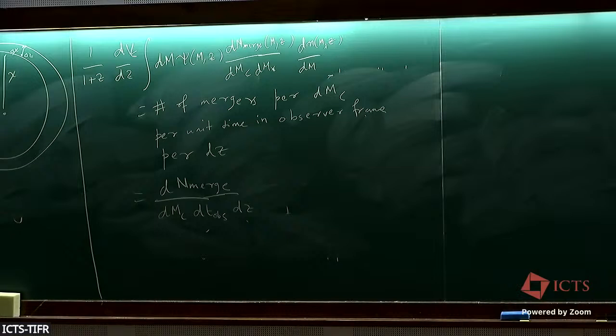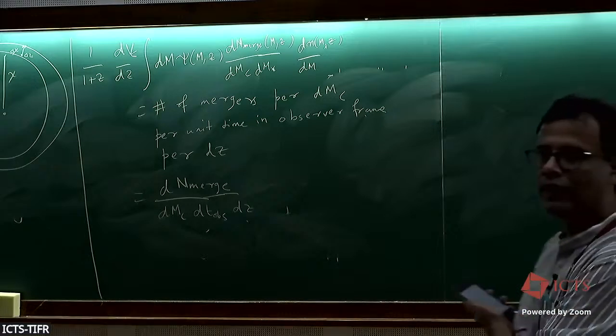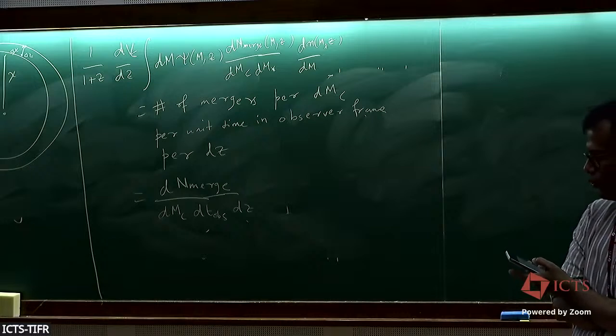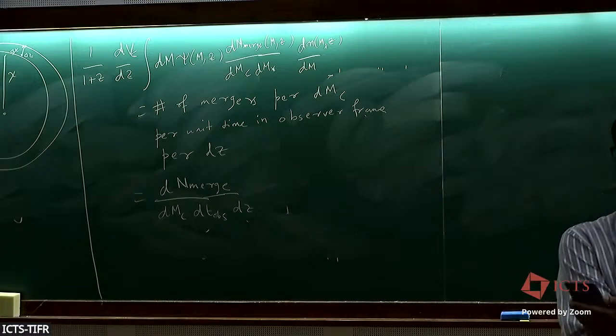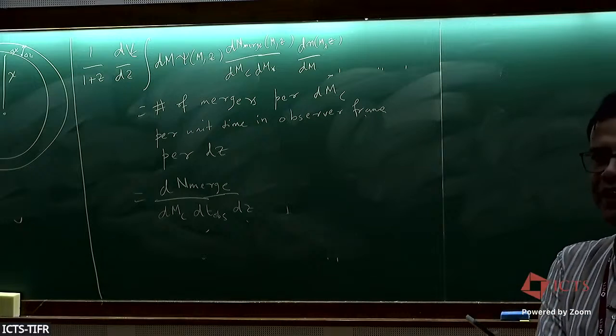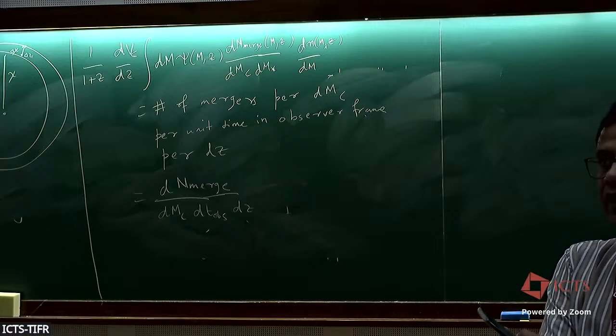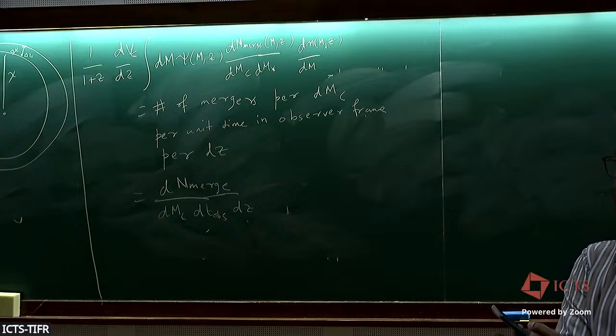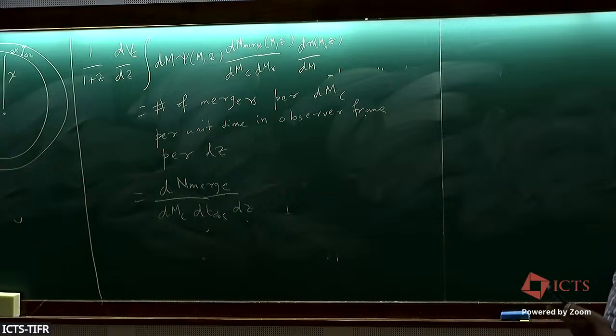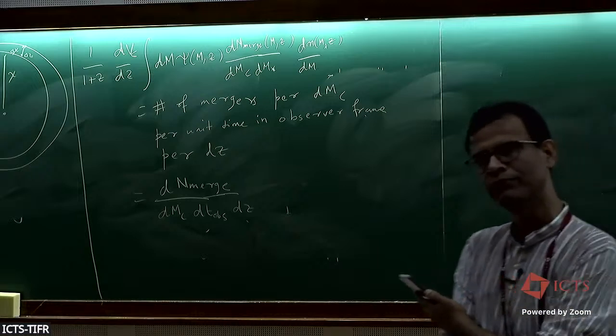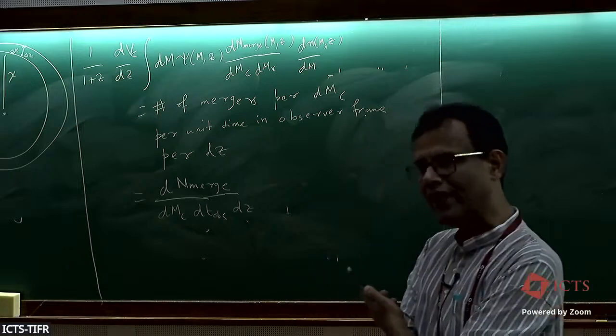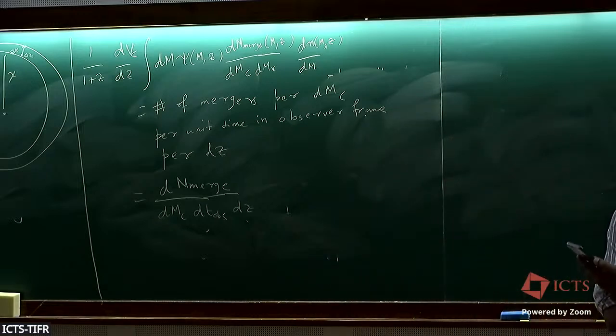Chirp mass will be given by the combination of the two progenitor masses, right? m1, m2 to the power 3 by 5, I thought. Yeah, so there's a source frame and there's a detector frame. So this is fine. We have probably already corrected for this from the beginning. There are geometric factors there.